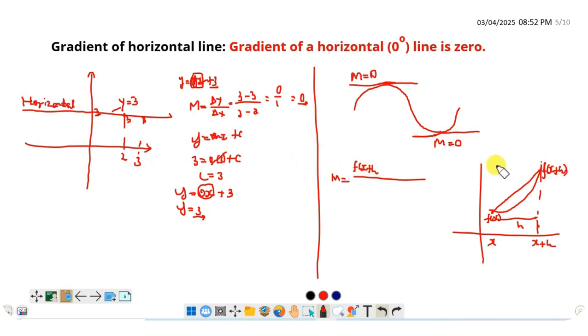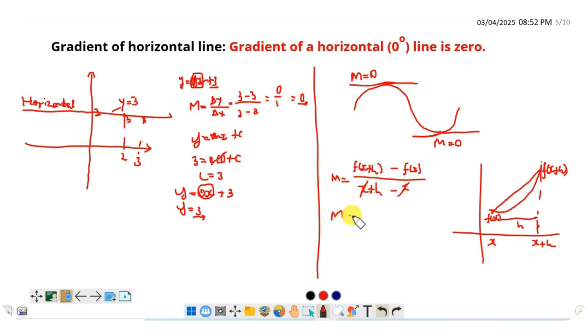So the y value is going to be f of x plus h minus, for this one, the y value when we substitute x, right? And then all over the change in x, x plus h minus this point here x, right? So this x cancels that x.